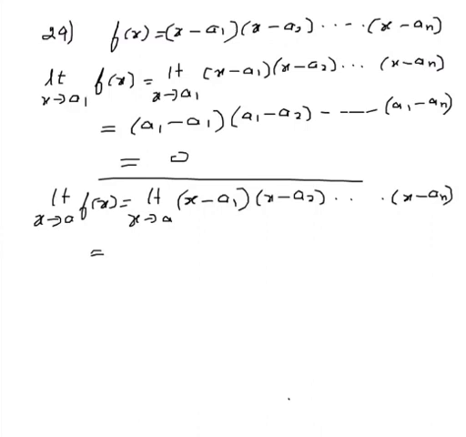This is a polynomial. We can directly substitute the limit value. When you substitute the limit value, no need to write the limit. So it becomes a minus a1 times a minus a2, etc. The last term is a minus an. This is the answer.